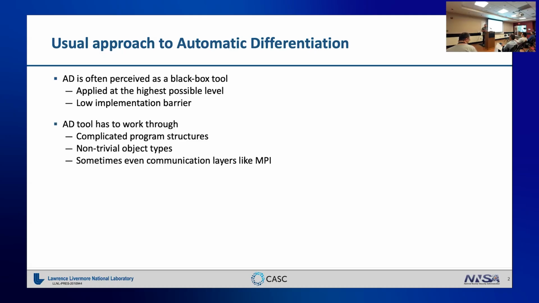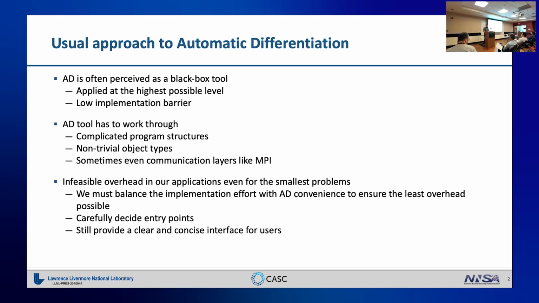So the AD tools then have to work through complicated program structures, as you can imagine, non-trivial object types, and the worst thing is actually to differentiate the communication layer, like MPI. And this introduces infeasible overhead in applications we deal with, even for the smallest interesting problems.